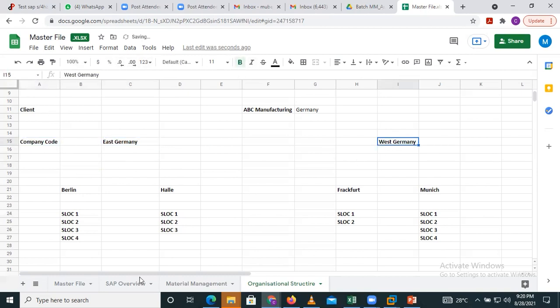Now the East Germany company code has two plants, one in Berlin and one in Halle. That means a manufacturing facility in Berlin and one in Halle. In West Germany, we have two manufacturing facilities, or places from where we are providing services.